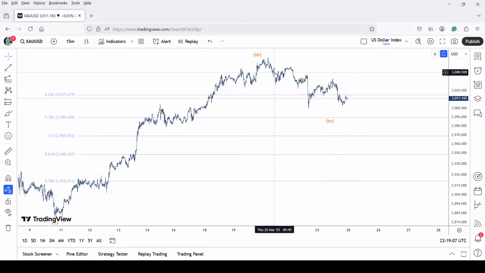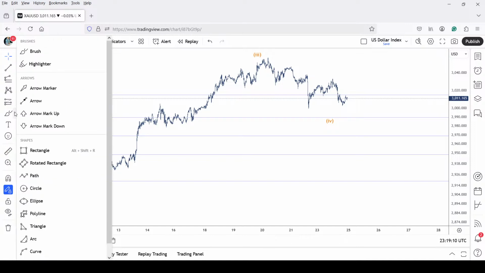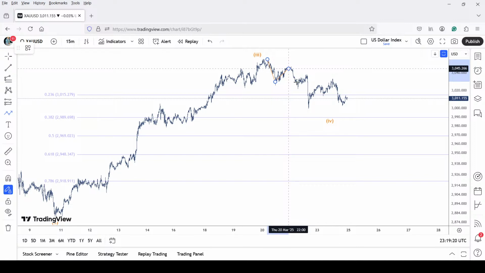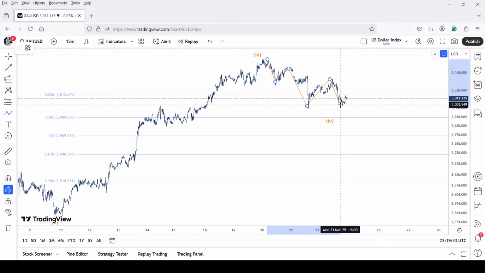Now the structure here, which is being unfolded, is more like the W, X, and Y, and again you see an X, and is it possible to produce a Y? Quite possible, right?